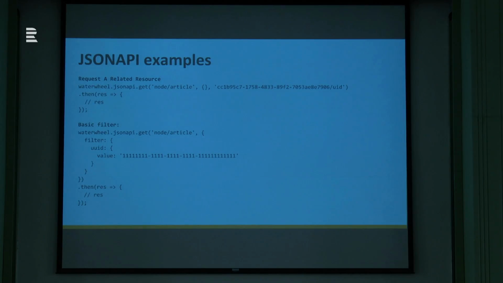So when you enable the JSON API module, Waterwheel will not enable it for you, even if you request it as a dependency. You'll have to enable it yourselves. And then you'll have another REST resource, which is API. And on the API, you are requesting the actual resources.